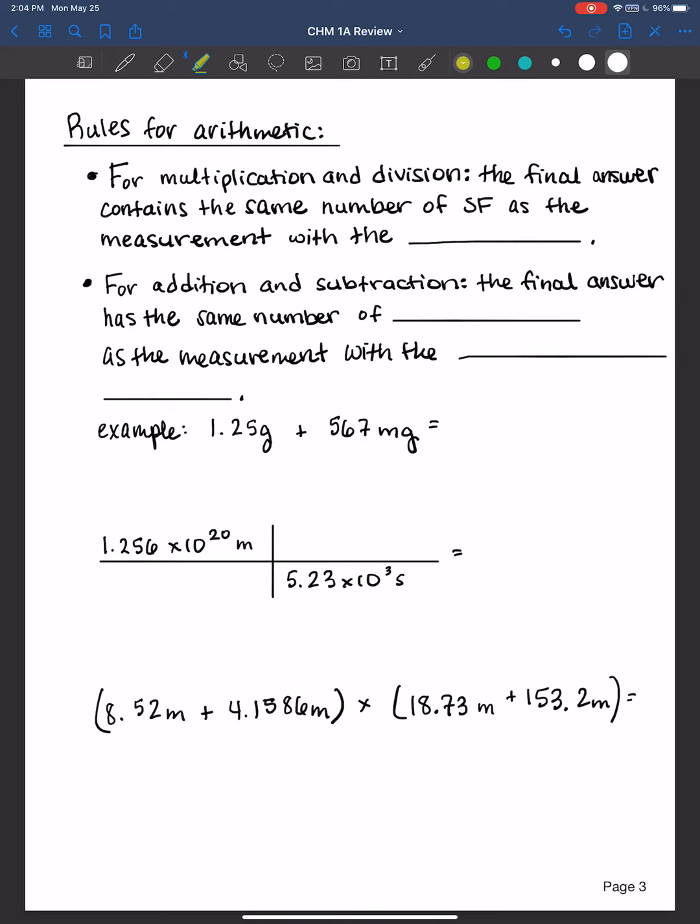All right, so I've just alluded to the fact that there may be different rules for multiplication and division than there are for addition and subtraction. So let's look at this here. For multiplication and division, the final answer contains the same number of significant figures as the measurement with the fewest sig figs.